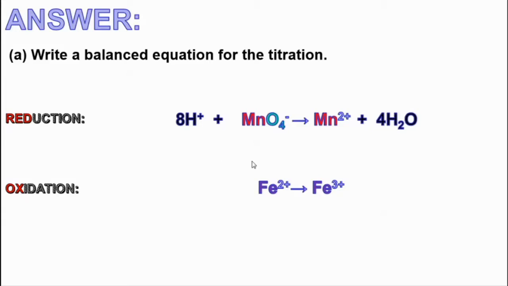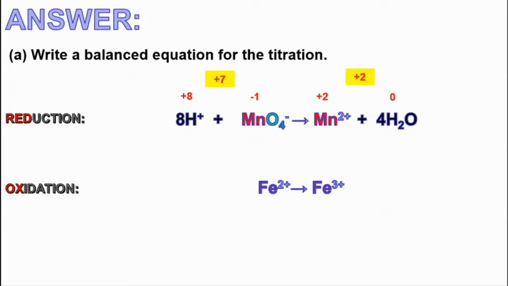For the first half equation, since we have 8 moles of H plus, the charge is plus 8, and permanganate is minus 1. Manganese 2 is plus 2, and water is 0. If we total up the charges on the left side, we get plus 7, while on the right side we have plus 2.